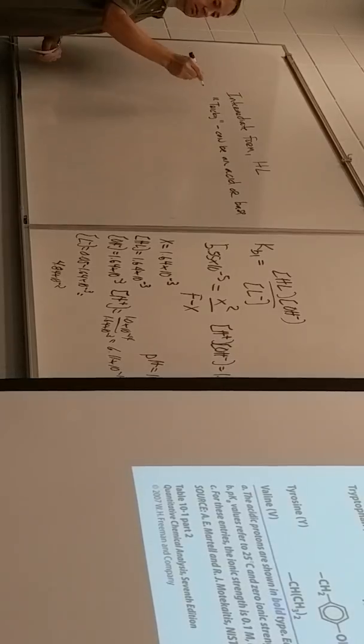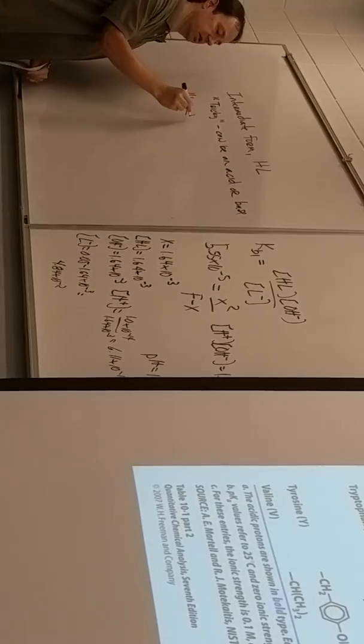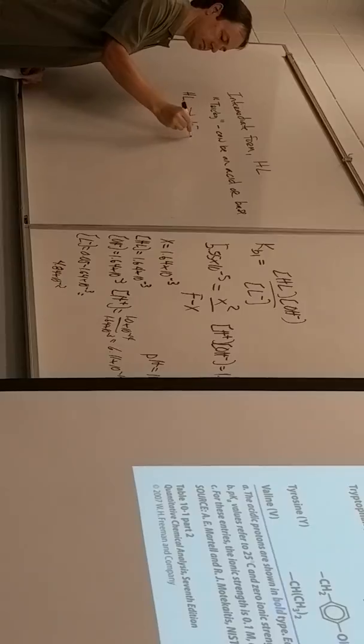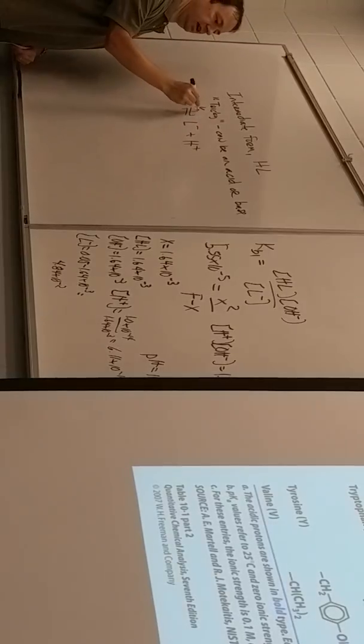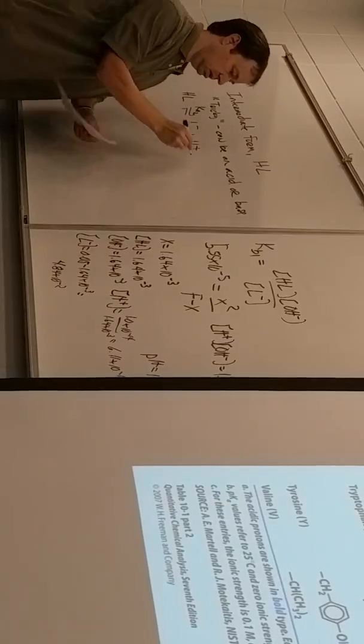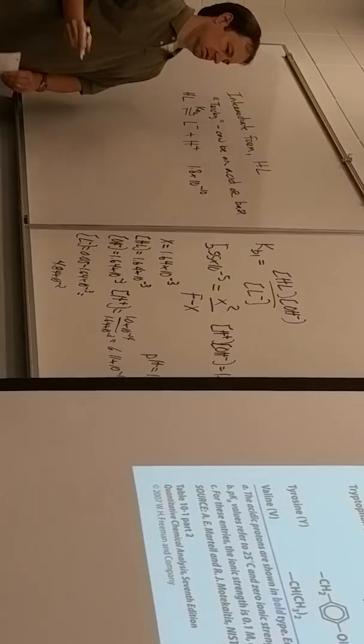So let's look at the actual values. So HL, if we want to lose the proton, that is representative of Ka2 now. And we said Ka2 previously was 1.8 times 10 to the minus 10th. So it doesn't really want to do that much. Maybe it wants to go the other way.